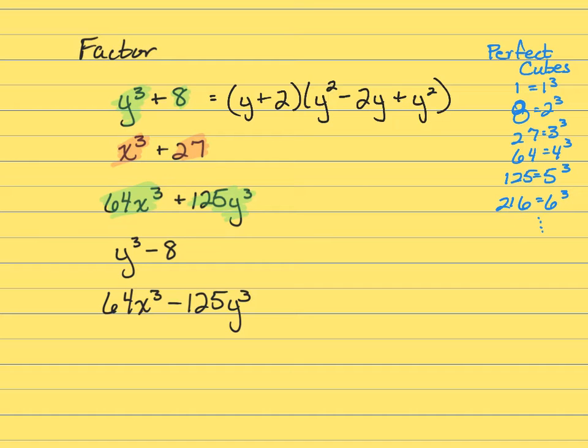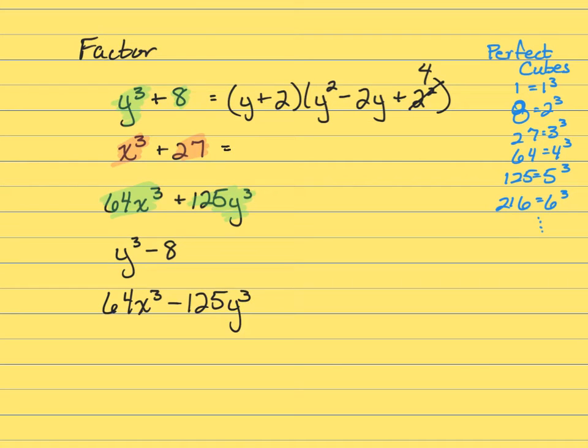The last term is not a y squared, that should be a 2 squared, which is of course a 4. So y squared minus 2y plus 4, that trinomial, you cannot factor it. It's a prime trinomial.